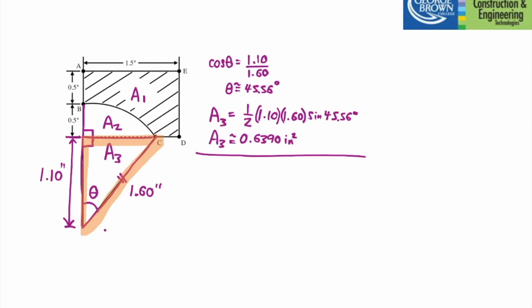So now we're going to do the area of the sector. So by sector, I am referring to this yellow region. So that sector involves A2 and A3. So I'm going to say here A sector.